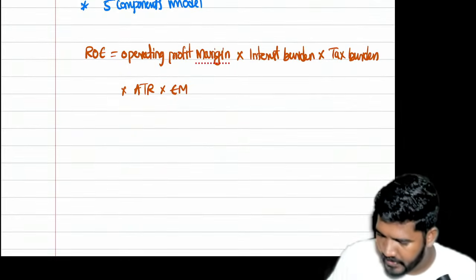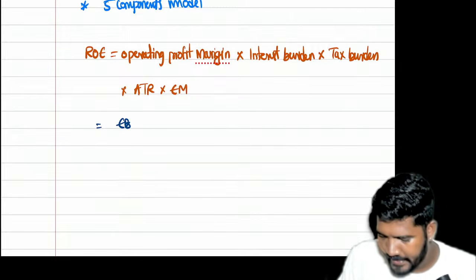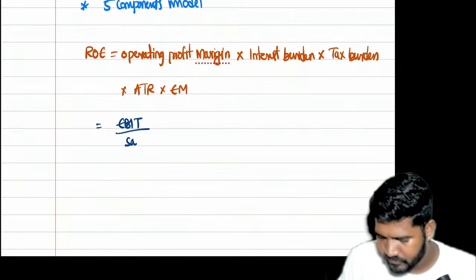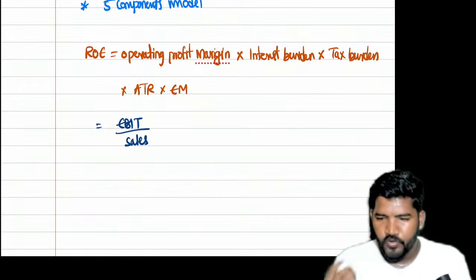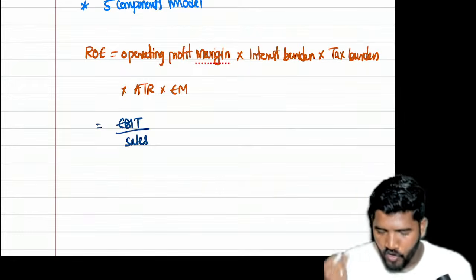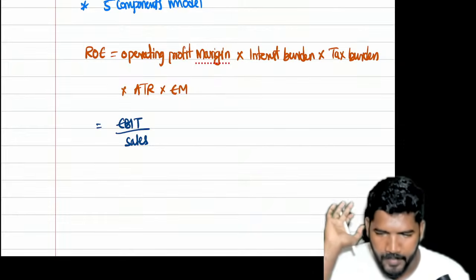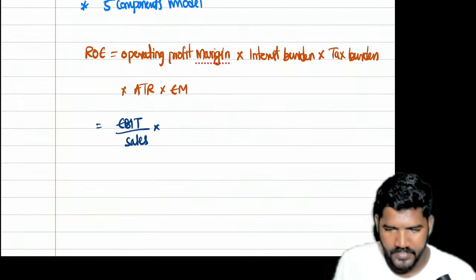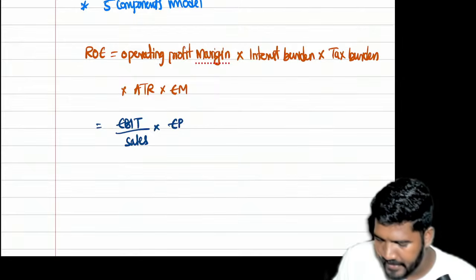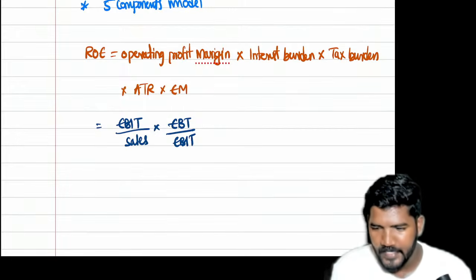Let us check here. Operating profit margin equals EBIT divided by sales. It says that for 1 rupee of sale, how much profit the company earned from operations. Next, interest burden. How to calculate interest burden? EBT divided by EBIT.